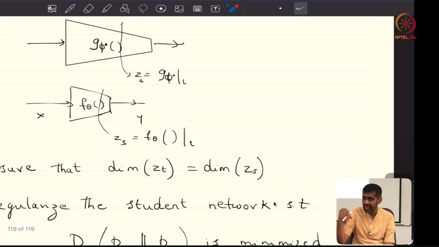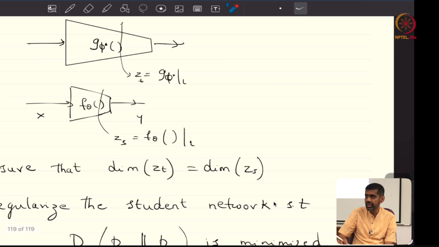You can do it at any layer. Whatever layers you are distilling have to have the same dimensionality. That's it. The math will go through. The only thing is the divergence metric has to be computable, and for that, the random variables have to be supported on the same space. As long as that is happening, it doesn't matter.